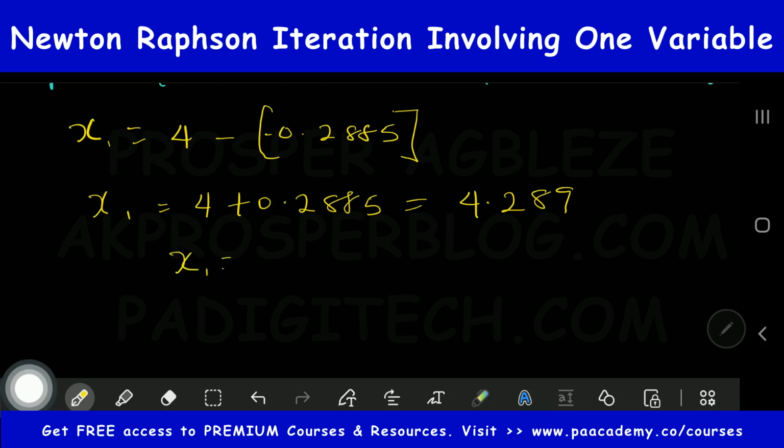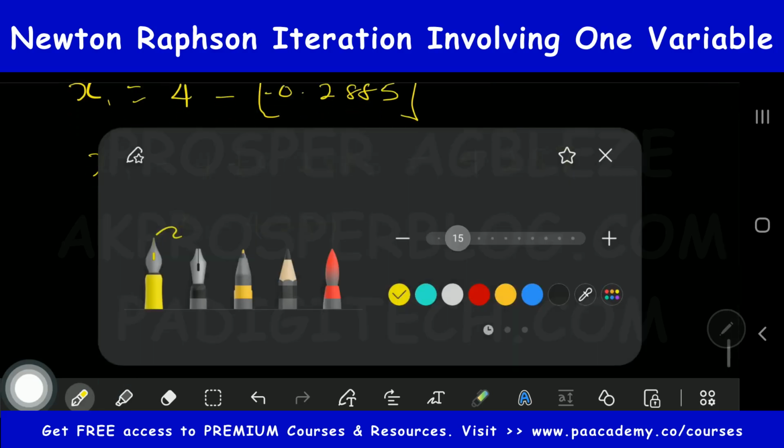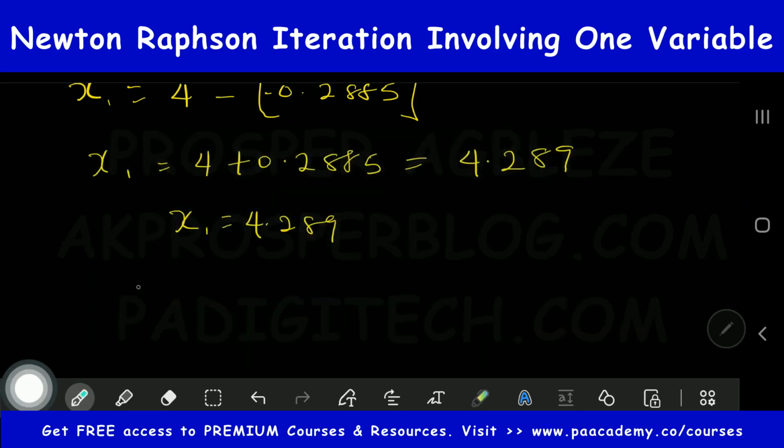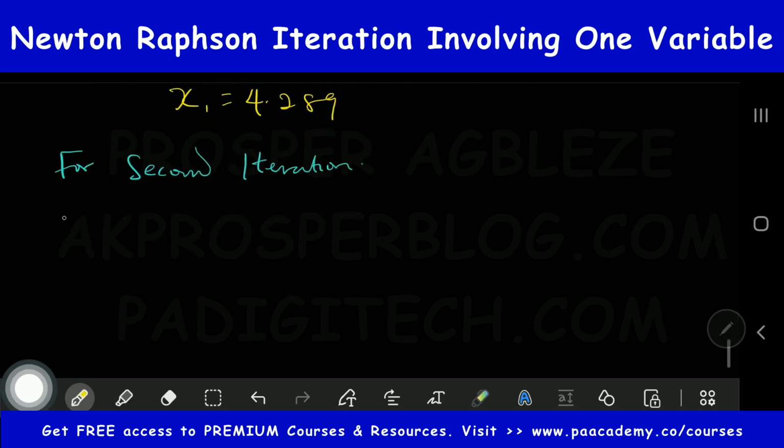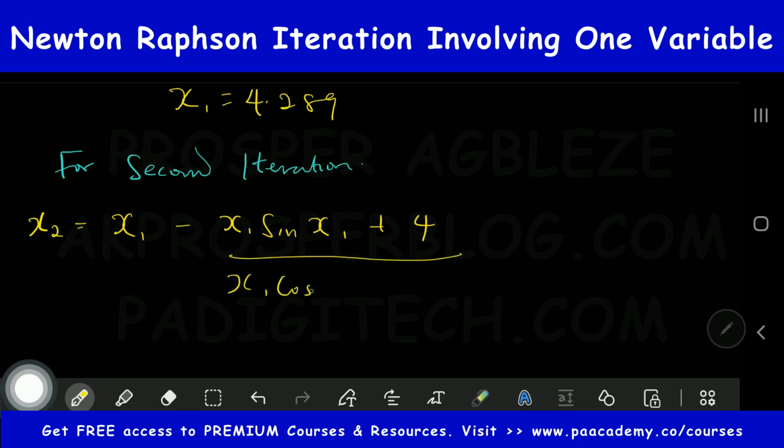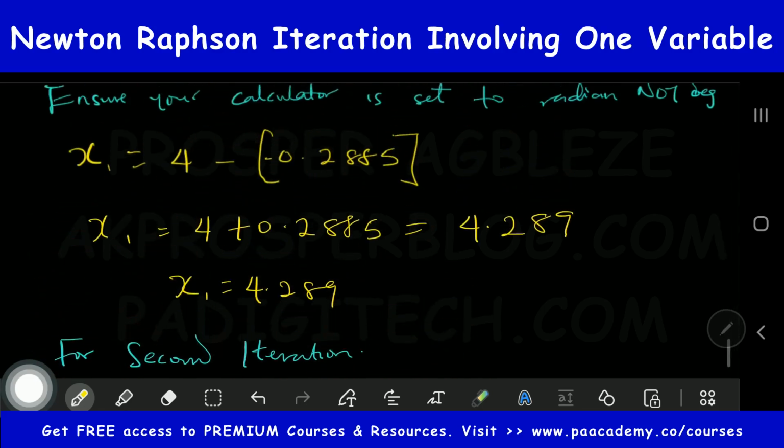So let me just write it out: 4.289. Now we are going to do a second iteration, and I will let you know when you are to stop. So for the second iteration, we will have x2, which will be equal to x1 minus x1 sine x1 plus 4 over x1 cos x1 plus sine x1.